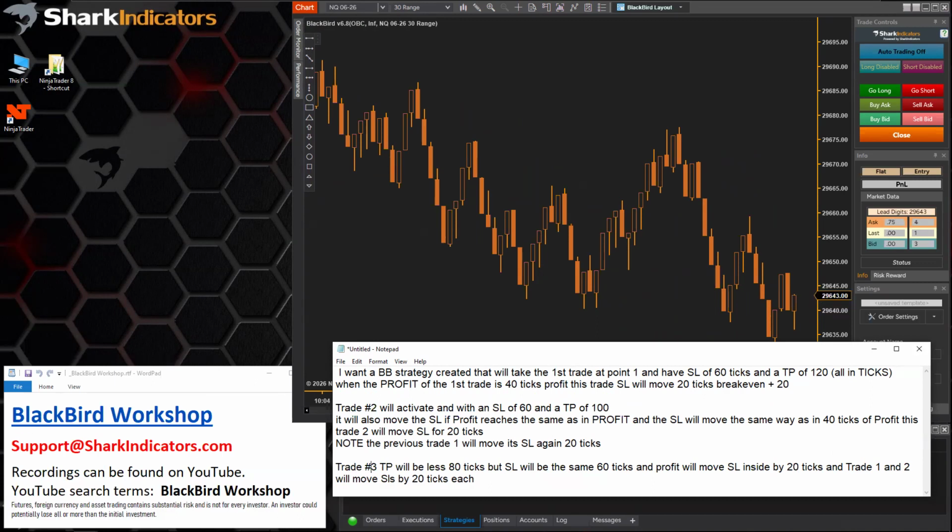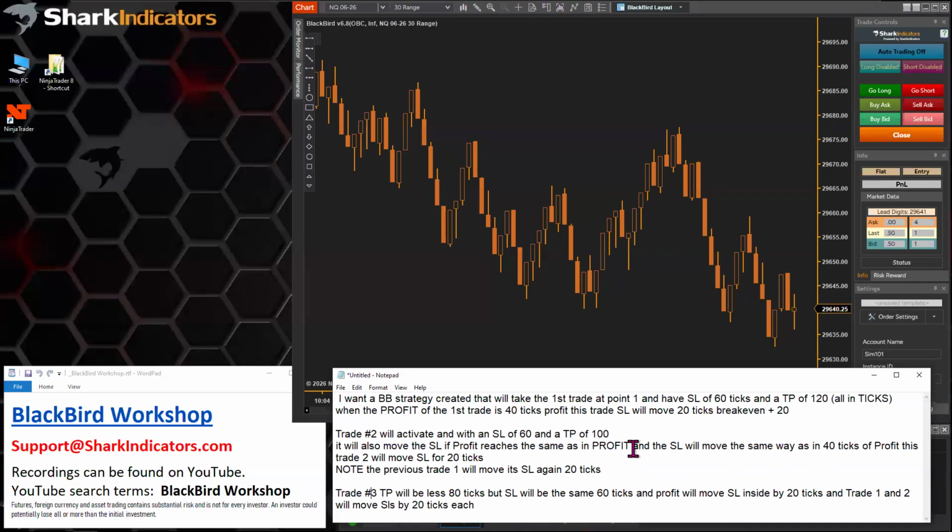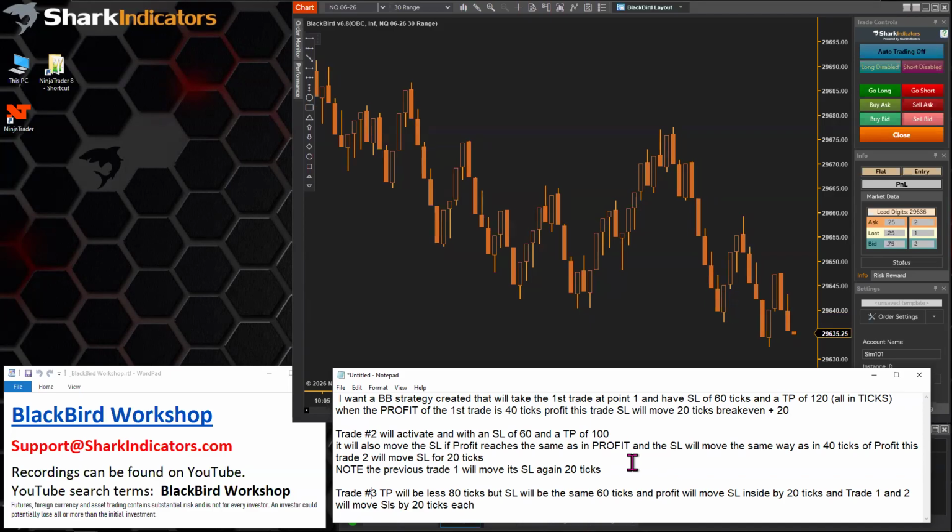Okay. So I think I understand what the question is here. We have essentially three order sets here. One thing I need clarified here, Melroy: what do you mean by activate?